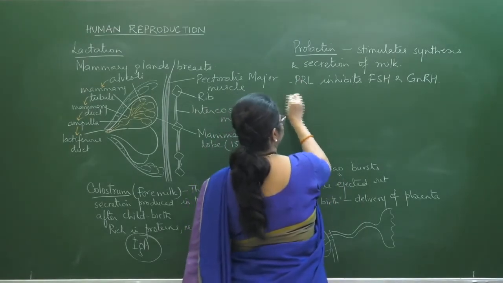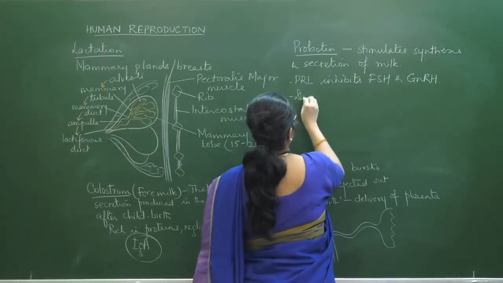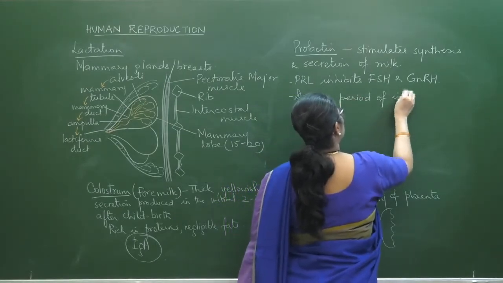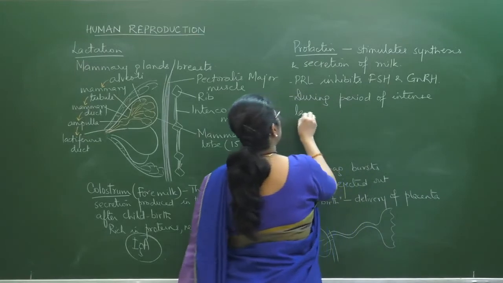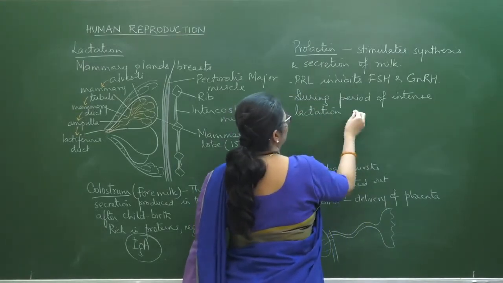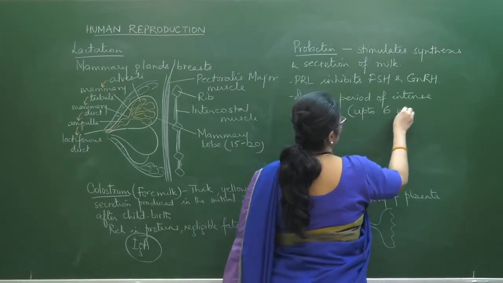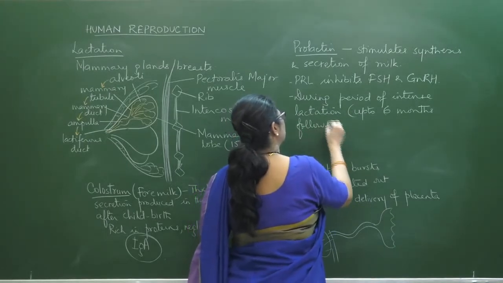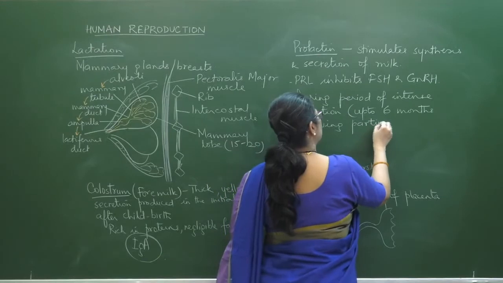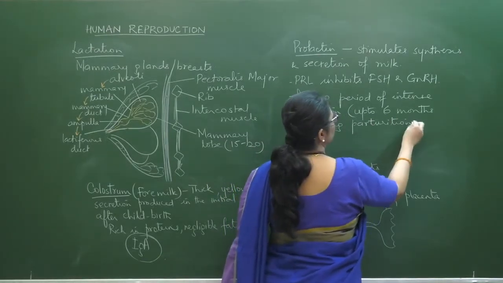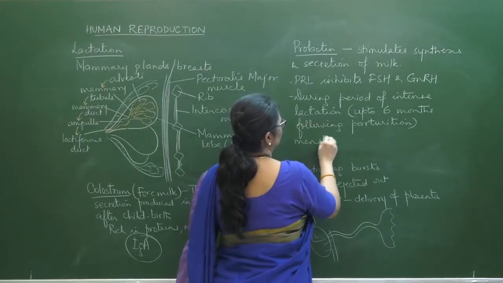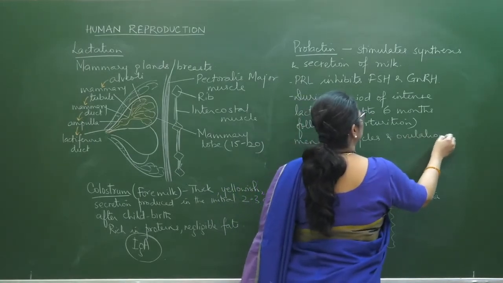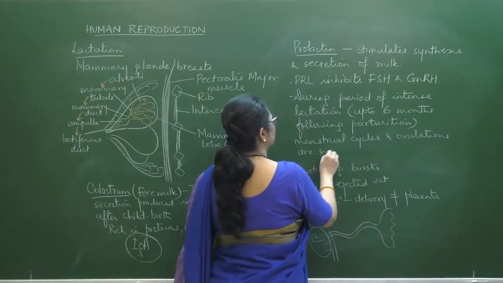Okay, so during the period of intense lactation, that is up to 6 months following parturition, menstrual cycles and ovulations are suspended.